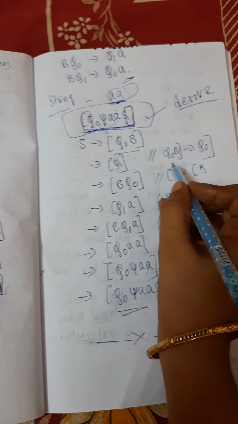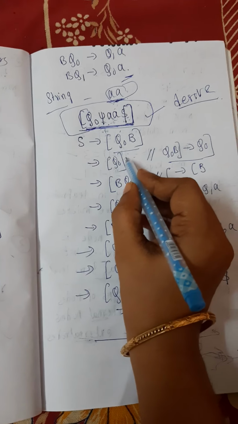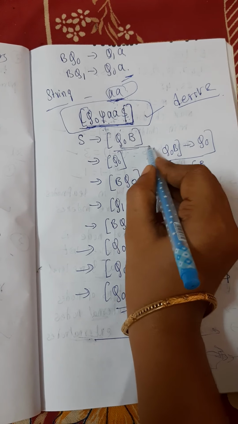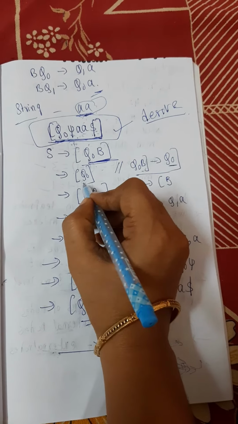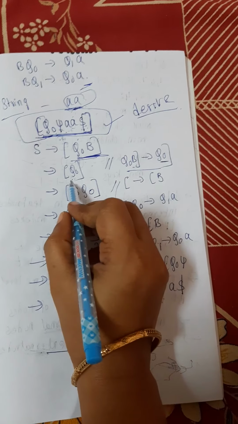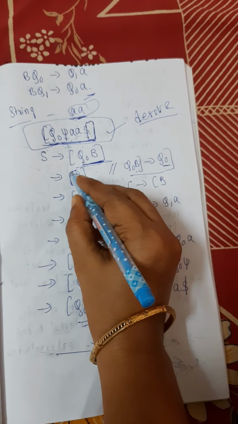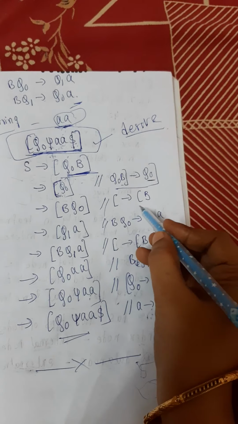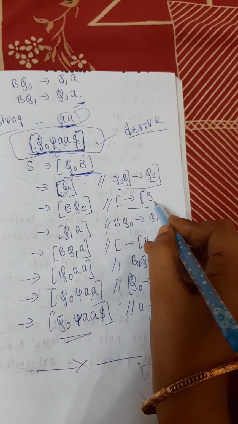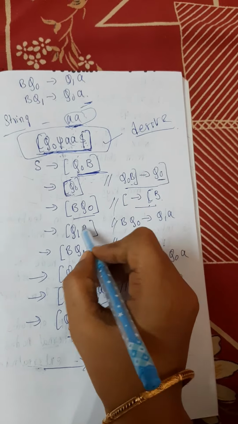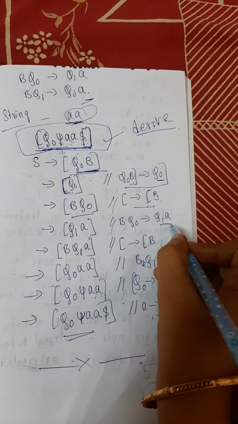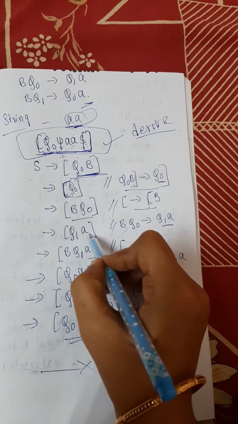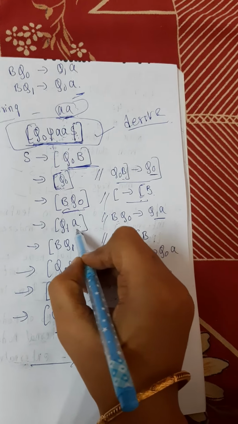So we have a production for Q naught B. If you check here, I have just written here, it tends to Q naught. Now this is changed to Q naught. Now again, we have a production B Q naught. Again we take the production B Q naught, which will be Q1A. So this is changed to Q1A.